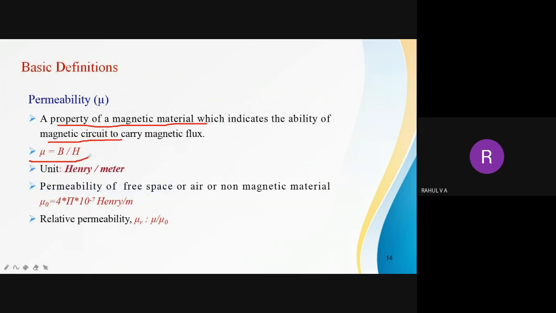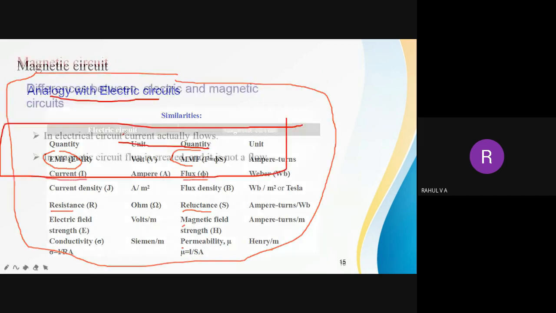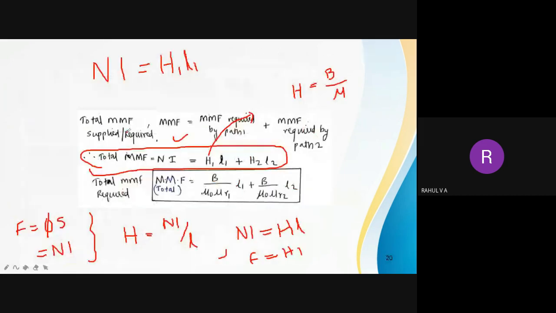So this equation, H is equal to B by mu, involves permeability. We rewrite the equation: instead of H1, I am writing B divided by mu 0 mu R1, then L1 comes here, and for H2, it is B divided by mu 0 mu R2 into L2. If you look at this equation, B is common. B is constant actually, that is, flux passing through unit area is constant.